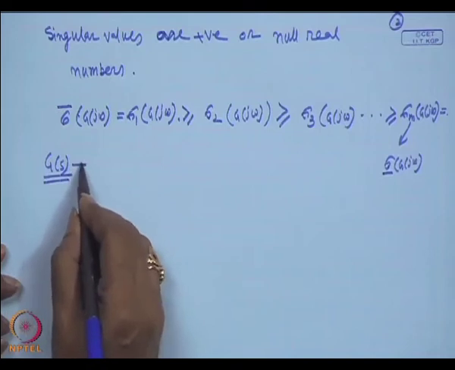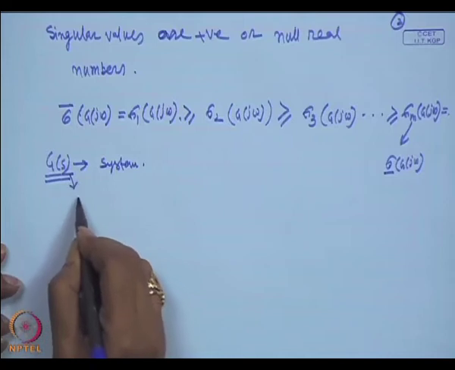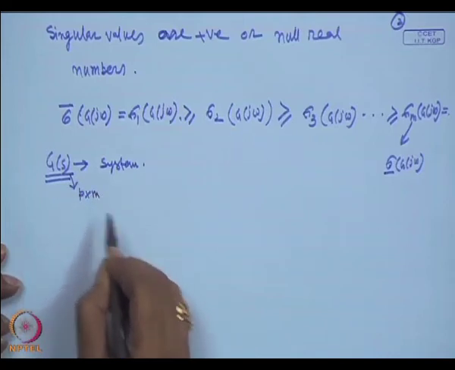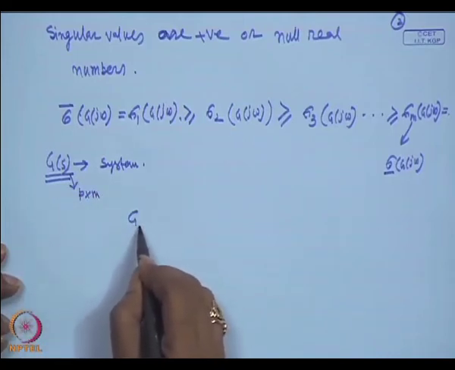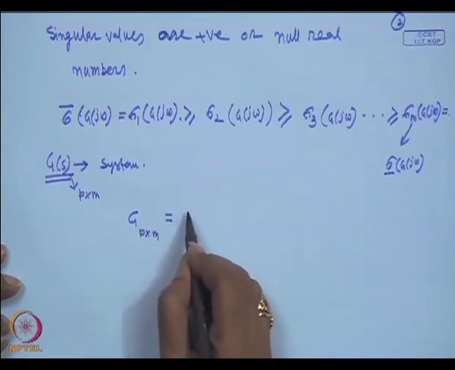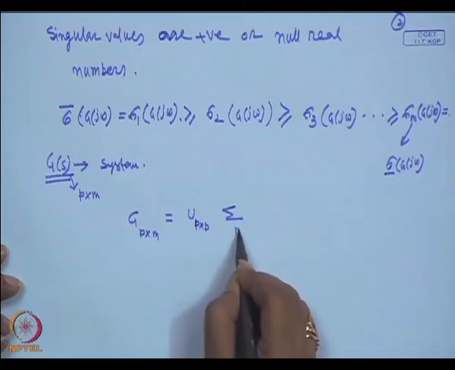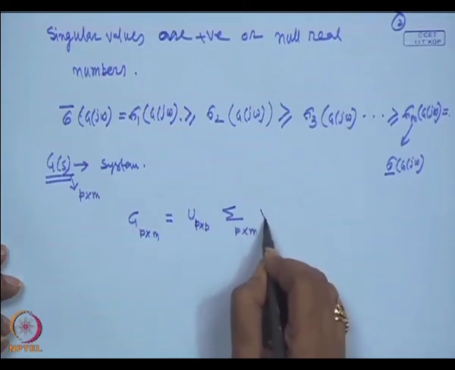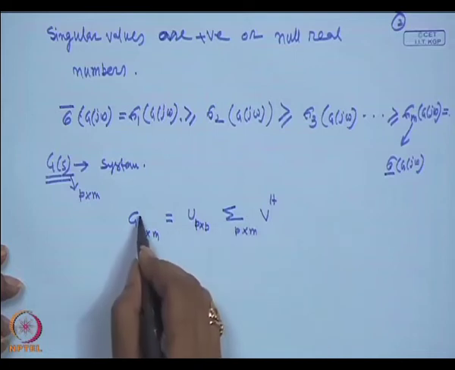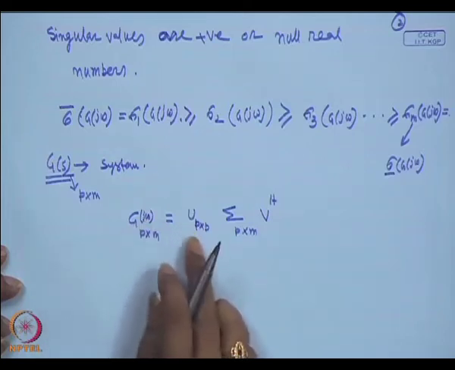So, this is the system transformation matrix, whose dimension is P cross M. If you see, G's dimension is P cross M, which we can decompose as U (P cross P), sigma (P cross M), and V H. For a particular frequency, I will decompose G(j omega) into this.